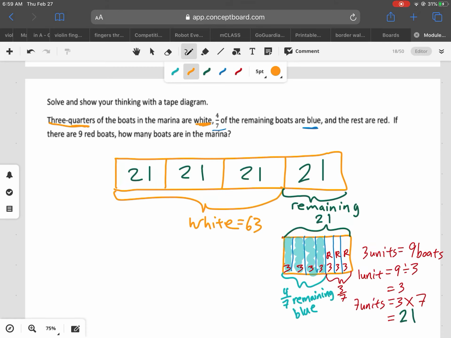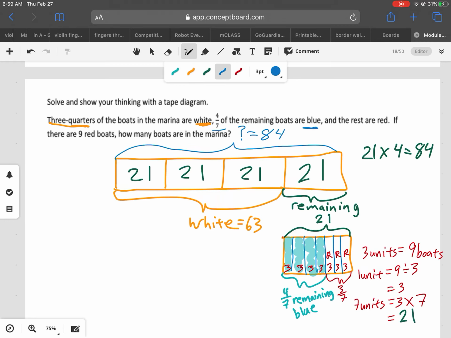So in total, there is going to be 21 times 4, which is 84. So our total here was our question mark, and we wanted 84 as our answer. Shouldn't do it in blue, but anyway. All right.